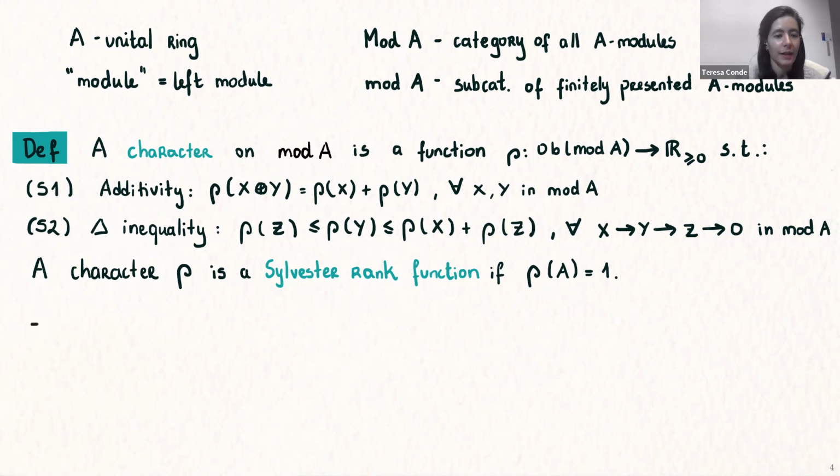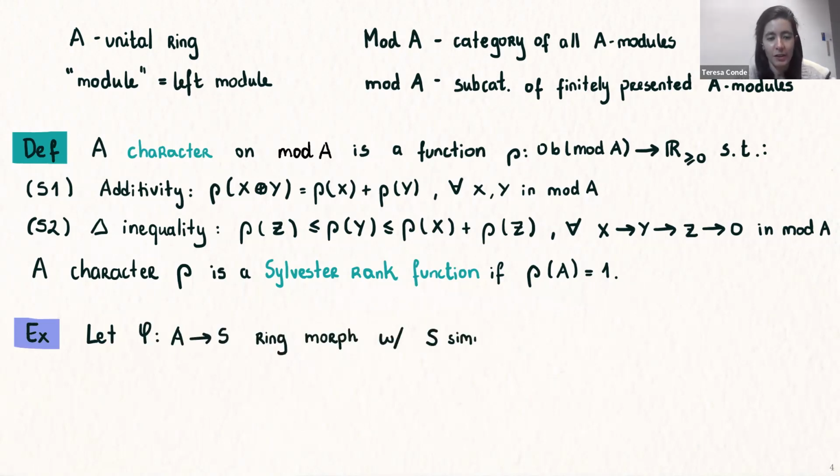For another slightly more evolved example, let's consider phi to be some ring morphism from our underlying ring A to some other ring S, which we assume to be a simple Artinian ring.